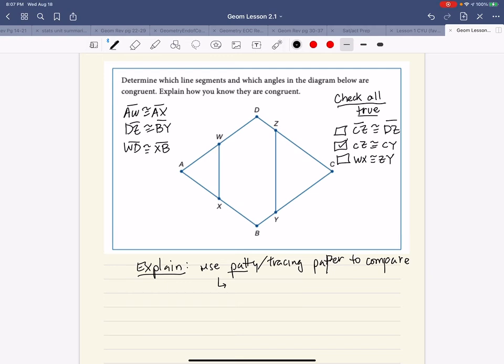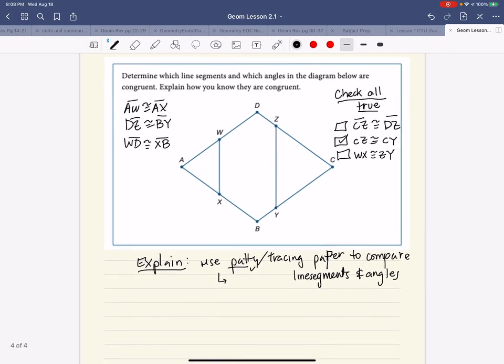Okay, so I compared side lengths. Now, what would be my angles? I still can use patty paper for that. So I use patty paper and tracing paper to compare line segments and angles. Let's compare some angles.